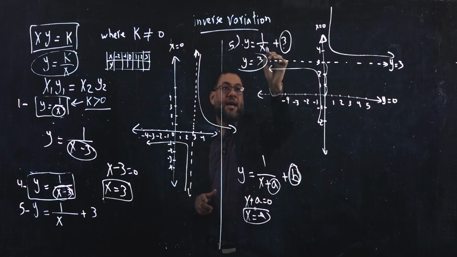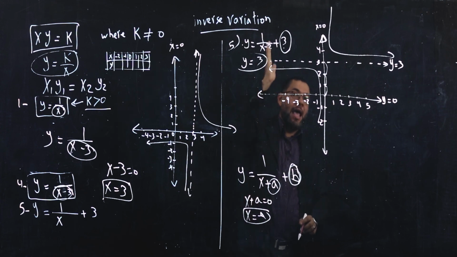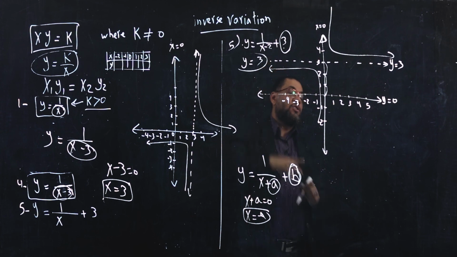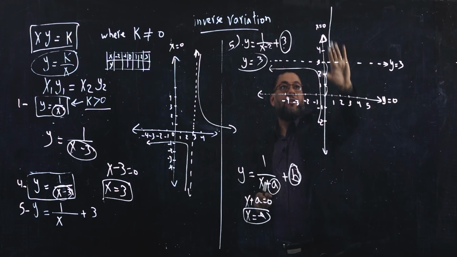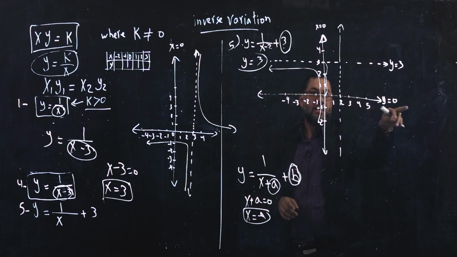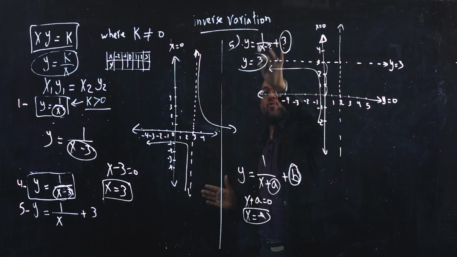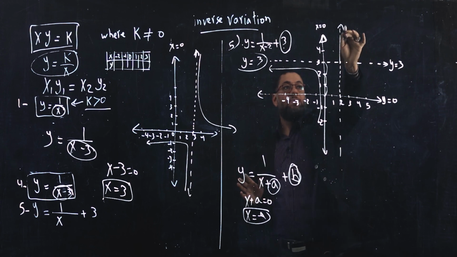If I put a number like minus 2 here, I have a vertical asymptote at x equals 2. I can draw it as a straight line intersecting the x-axis and parallel to the y-axis. So our graph, if it's 1 over x minus 2 plus 3, will be drawn here.